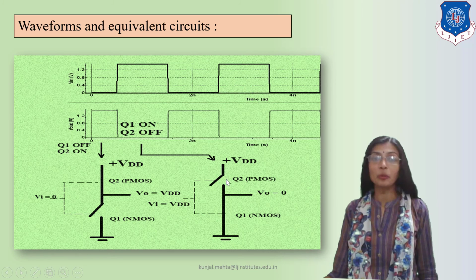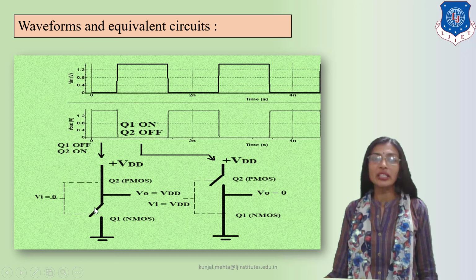Since Q2 is an open switch, there will be no connection between plus VDD and VO. There will be discontinuity of the connection between supply and output. We can see easily here that the VO terminal is connected to the ground because Q1 is short circuited, and therefore the output across this short circuit is equal to 0.